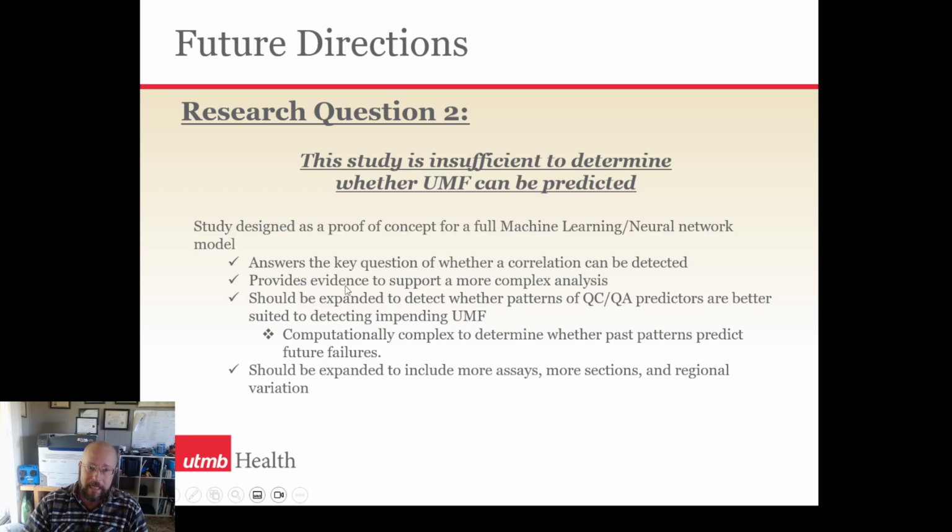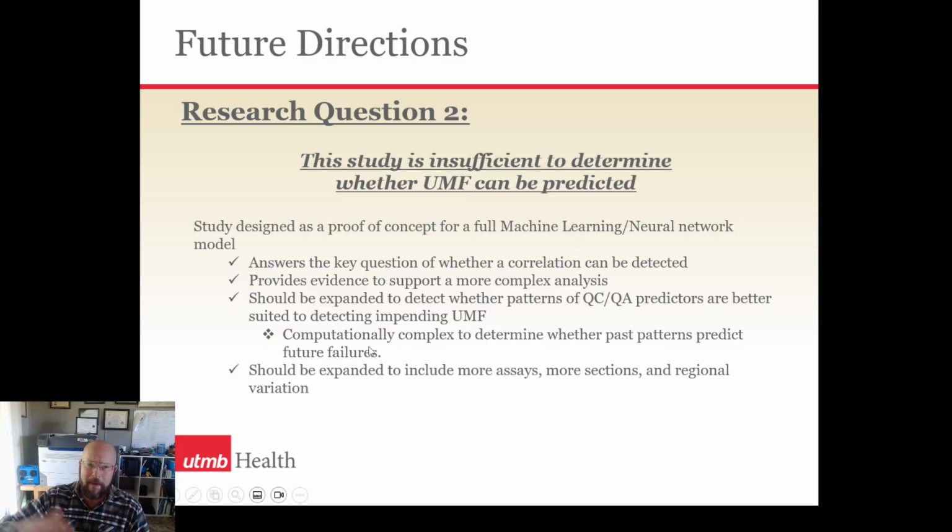It does provide some evidence to support some more complex analysis. In other words, there is a correlation. It's just not a very strong correlation. And it really should be expanded to detect whether patterns of QC and QA data are better at detecting impending mechanical failure.